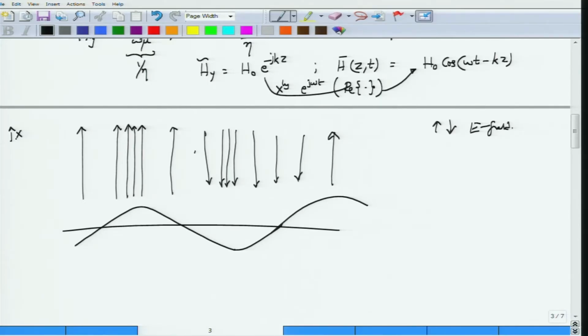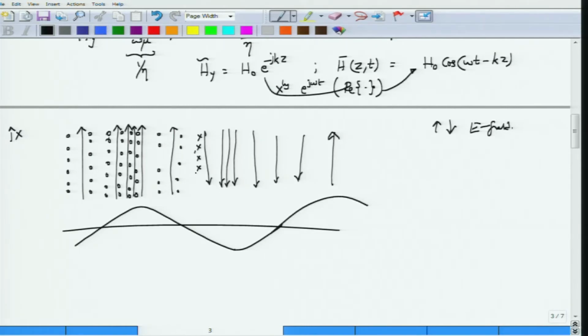What about the magnetic field lines? Well, magnetic field lines have to curl around them, so they come out of the page and into the page, right. So that is what actually happens over here. You have the magnetic field lines over here, and they also start getting crowded at the node points just as the electric field lines, and then they start to thin out again, then eventually become, you know, in the opposite direction.